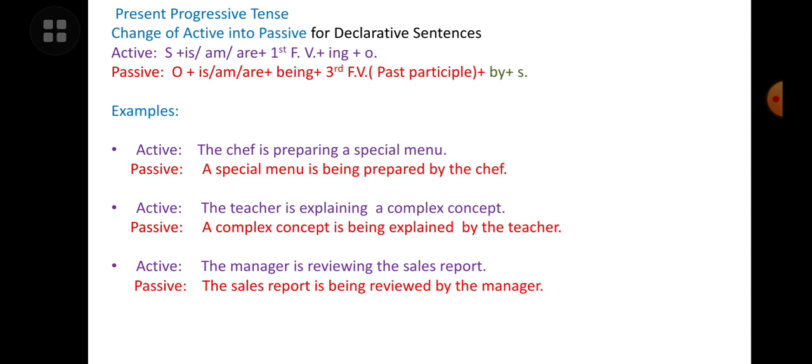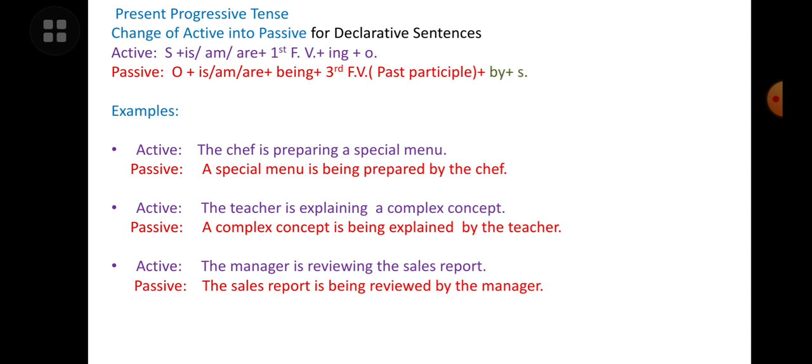Examples: in active voice the sentence is, the chef is preparing a special menu. First of all you should point out the subject. The subject over here is the chef, the object is a special menu, and the verb is is preparing. So we are going to change it into passive voice.